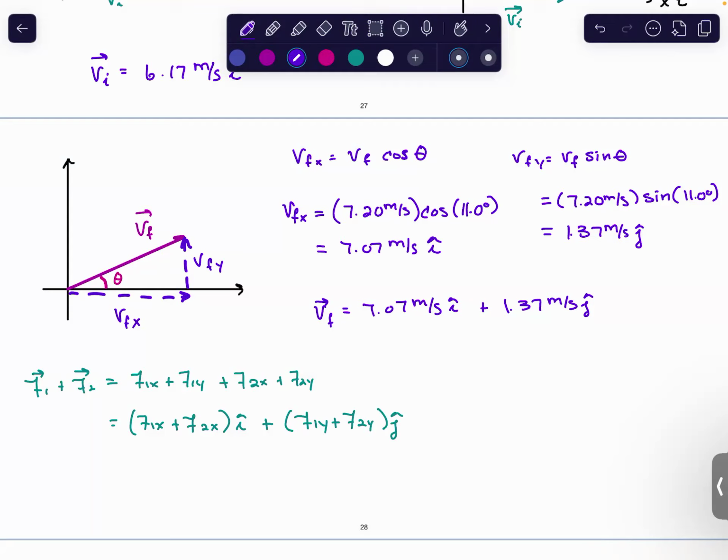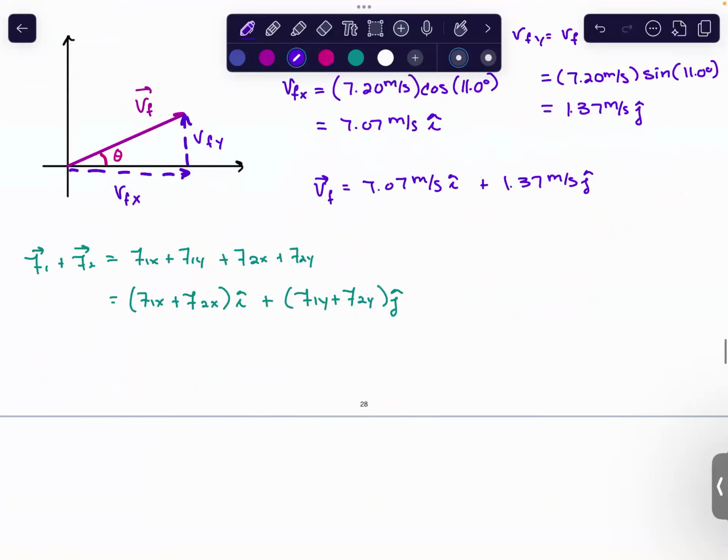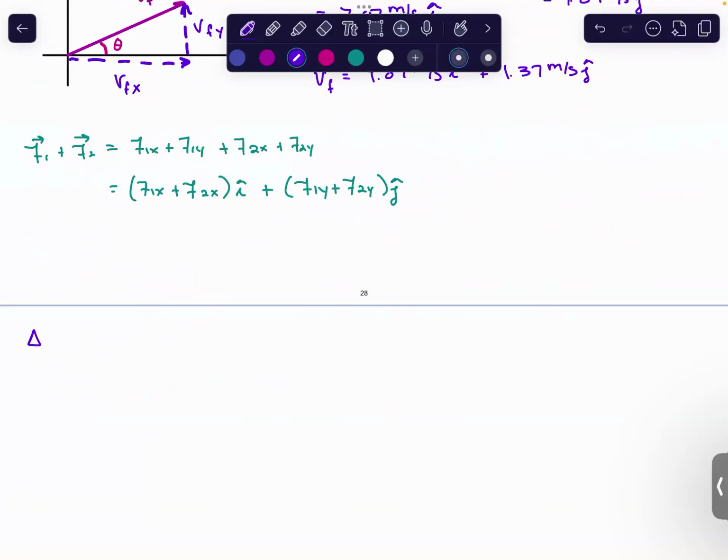Okay, so now we know that we need to find delta V. V final minus the initial. So when I do that, V final x minus the initial x hat plus V final y minus the initial y, j hat.